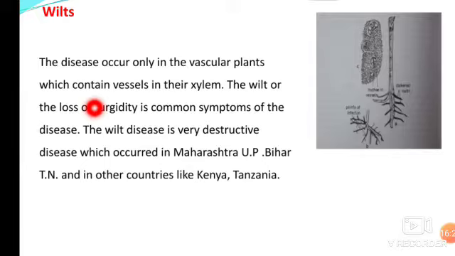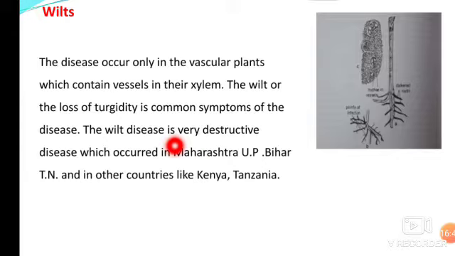Blockage takes place due to the fungus. This fungus attacks the vascular system. Due to that, the transport of water does not take place, and due to that, the wilt of the plant occurs.